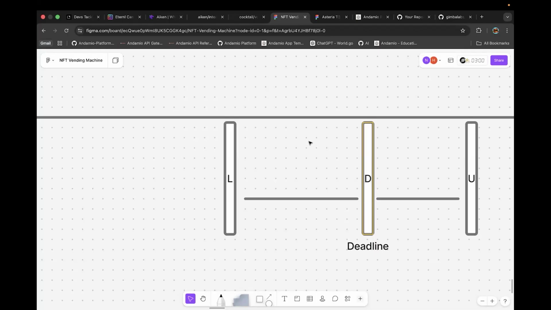I feel like it should be one continuous bar and then the deadline, instead of having three bars. I don't know. Oh, wait a minute, like this.